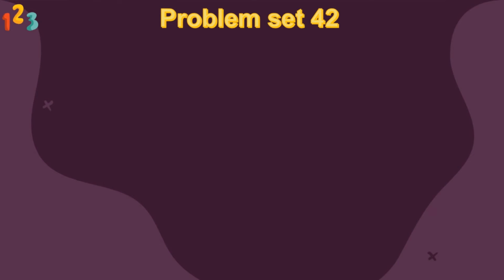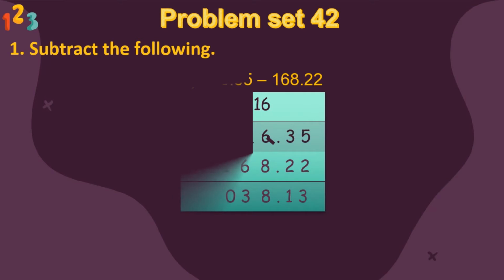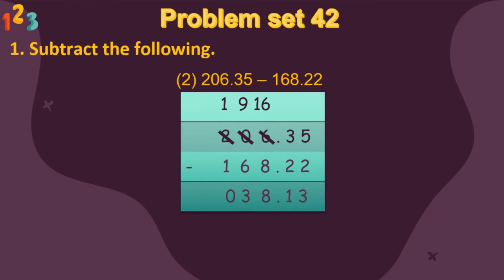Let us do some subtraction problems. As we did addition of decimal fractions, the same method we can follow for subtraction also. As we do the subtraction of whole numbers, the same method we use to subtract decimal fractions.